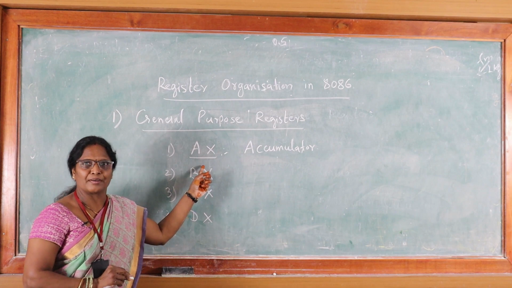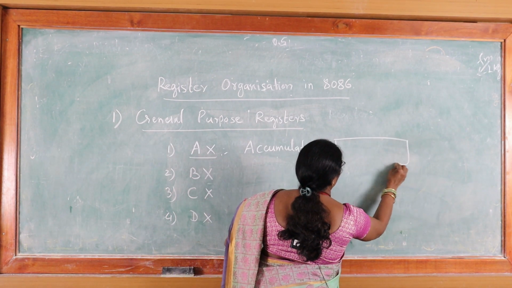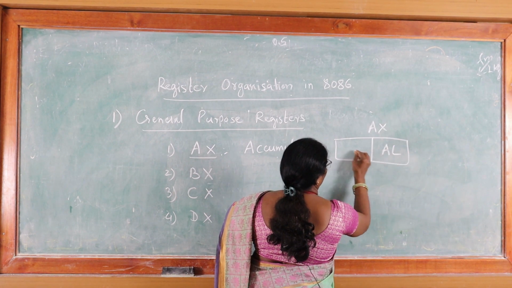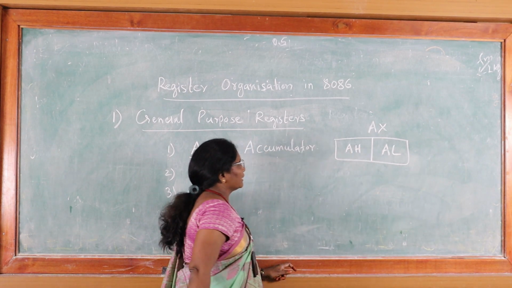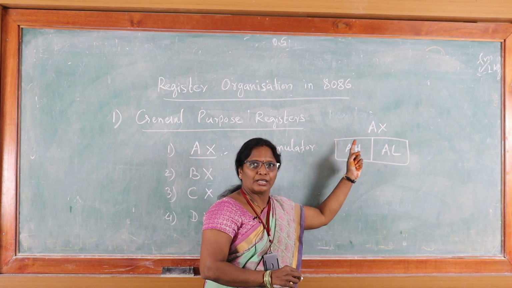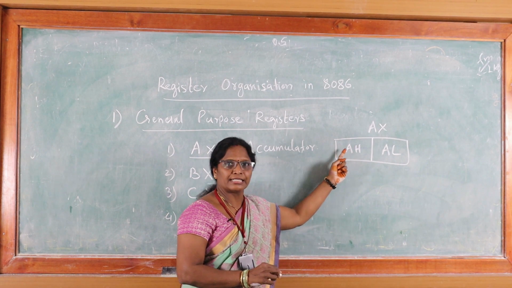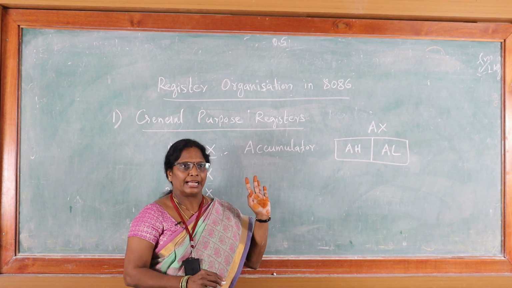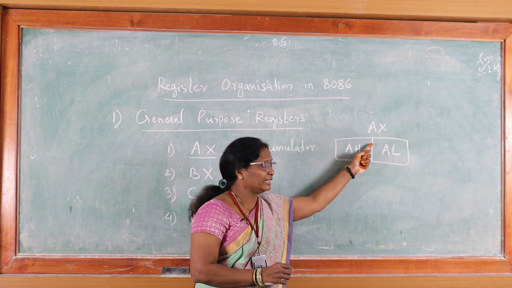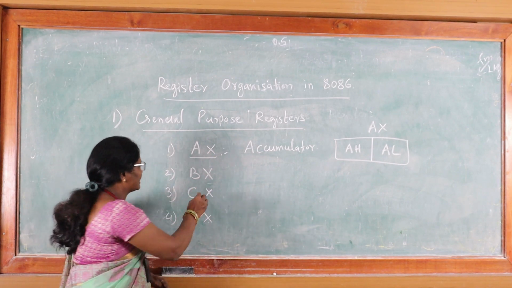And this AX register can be split into two 8-bit registers, AL and AH. Lower byte of AX register is known as AL register, and higher byte of AX register is known as AH register. As per the task, we can use either 8-bit registers or the 16-bit register. Second general purpose register is BX register.